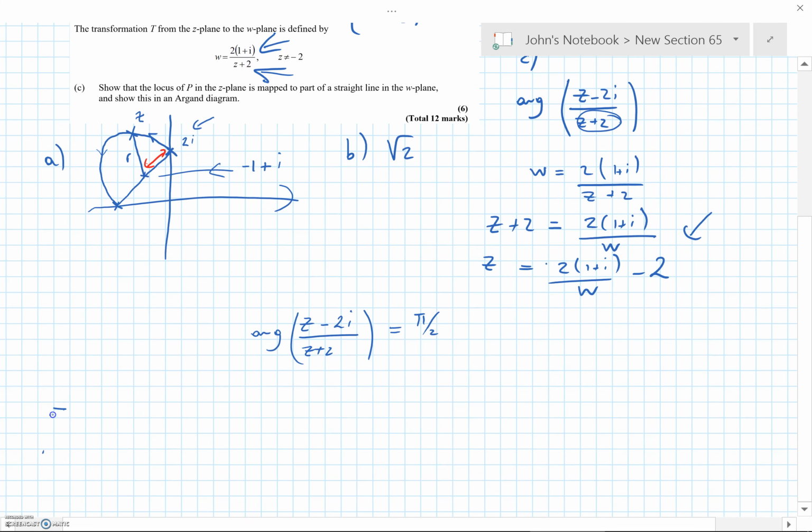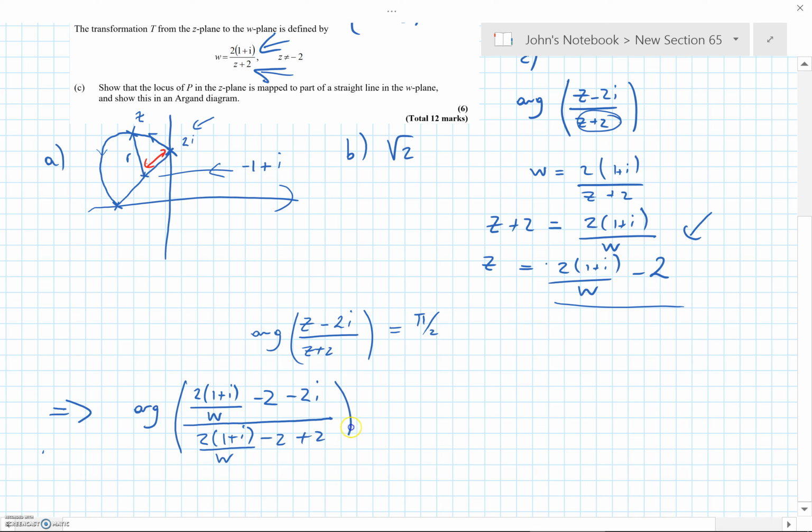This means that, let's sub it in then, the argument of z, which is this, 2 bracket 1 plus i over w minus 2, minus 2i, all over 2 bracket 1 plus i over w minus 2, plus 2.